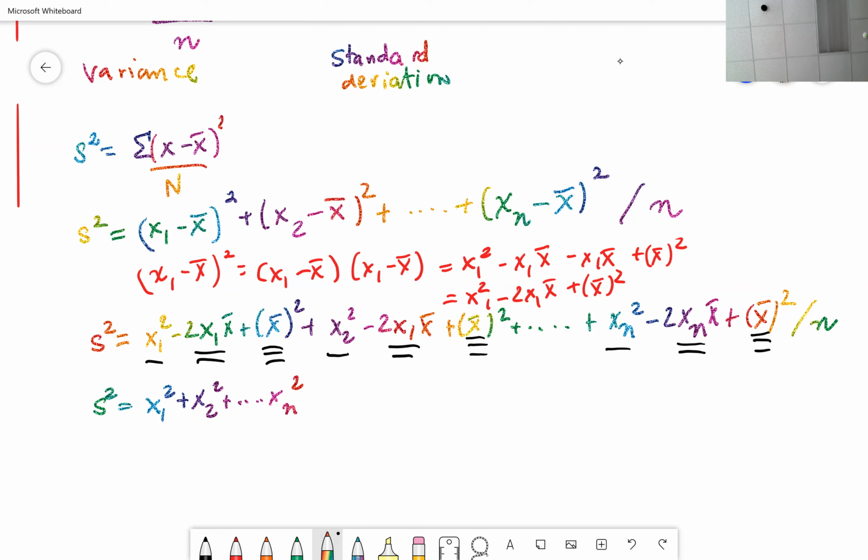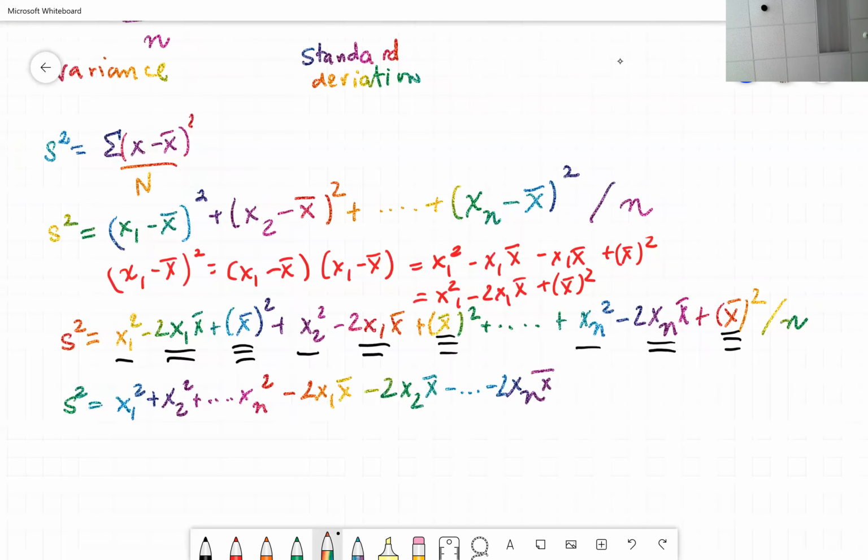Then you have minus 2 x of 1 x bar minus 2 x of 2 x bar minus dot dot dot minus 2 x of n x bar.